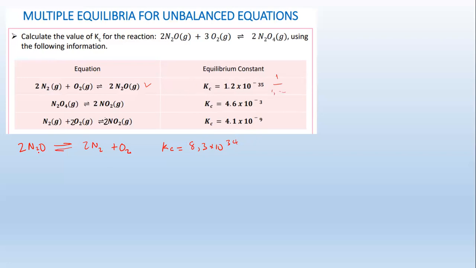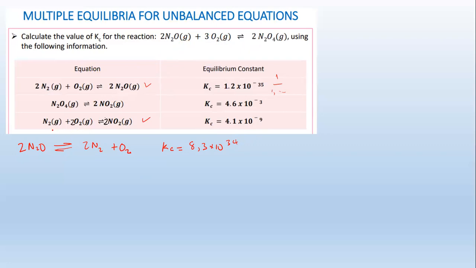Now we managed to get our N2O on the reactant side, as we wanted. The other thing is, in this next equation we want O2 on the reactant side, and this equation has O2.